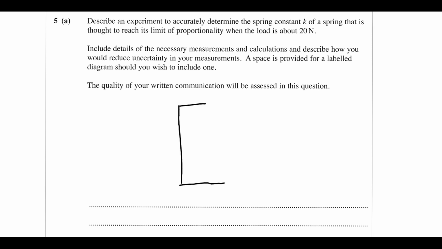So let's put our spring in here. Then we hang some fixed masses from it, and for safety purposes you'd want to clamp your clamp stand to the bench so it can't topple over. So that's your basic setup. Let's label it as the question instructs.